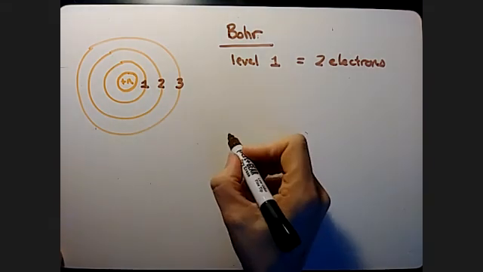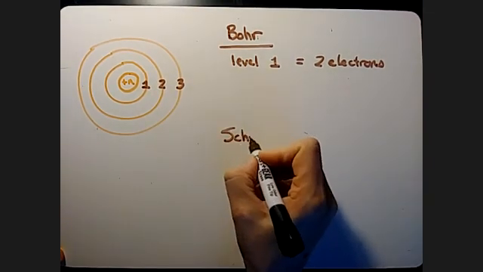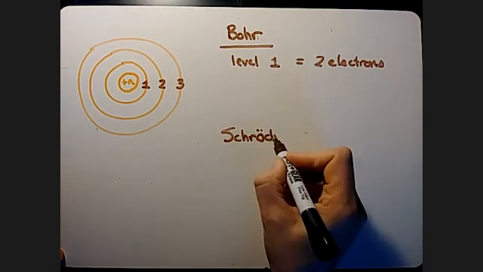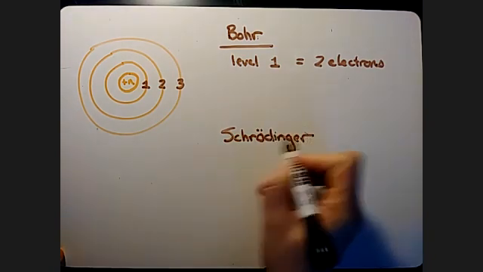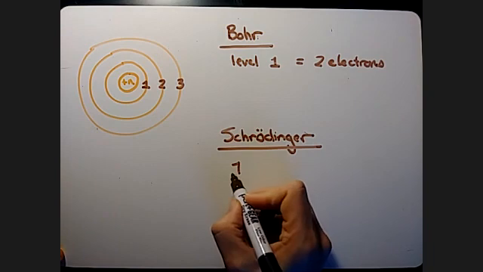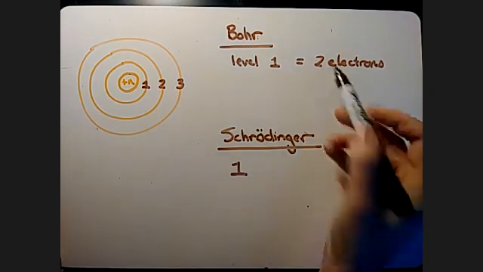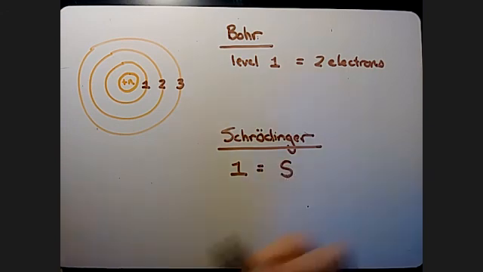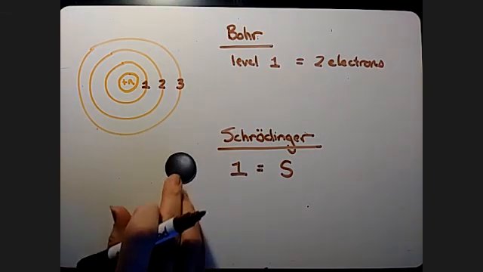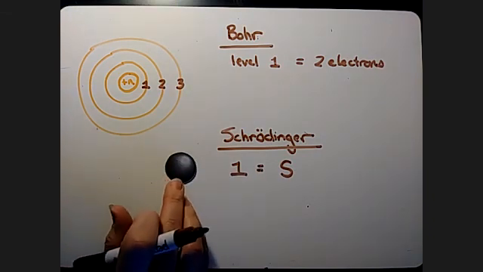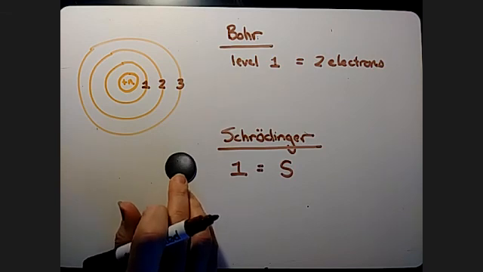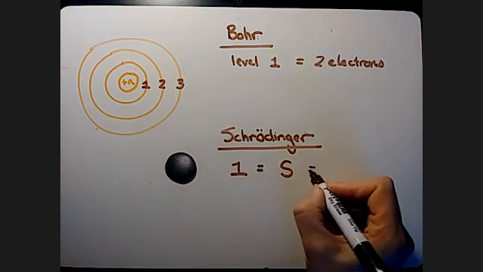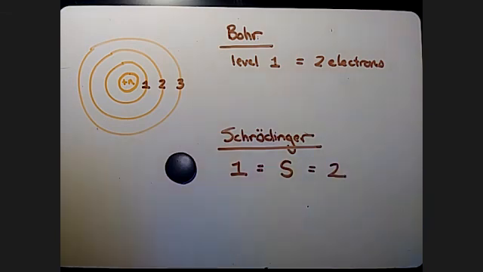Schrodinger finds that in level 1, which requires 2 electrons, level 1 is only made up of one S shape. Now remember that the S shape is a spherical shape, and this is a place where 2 electrons can live.